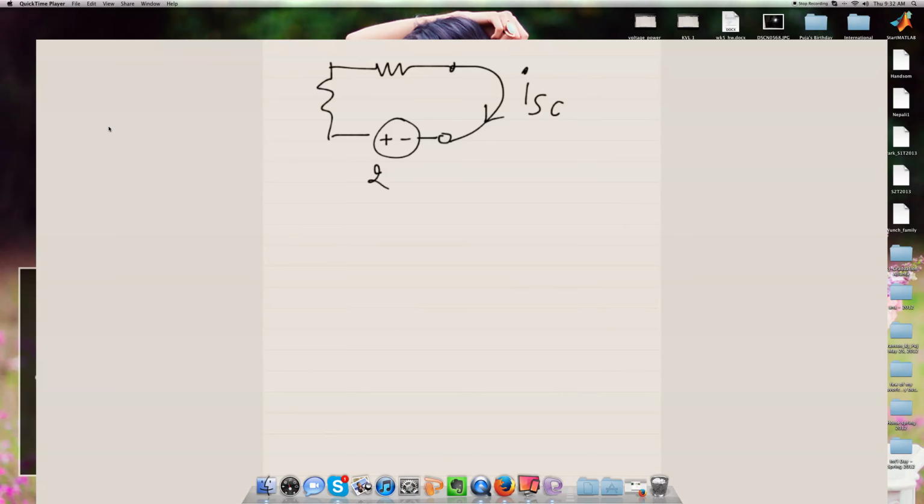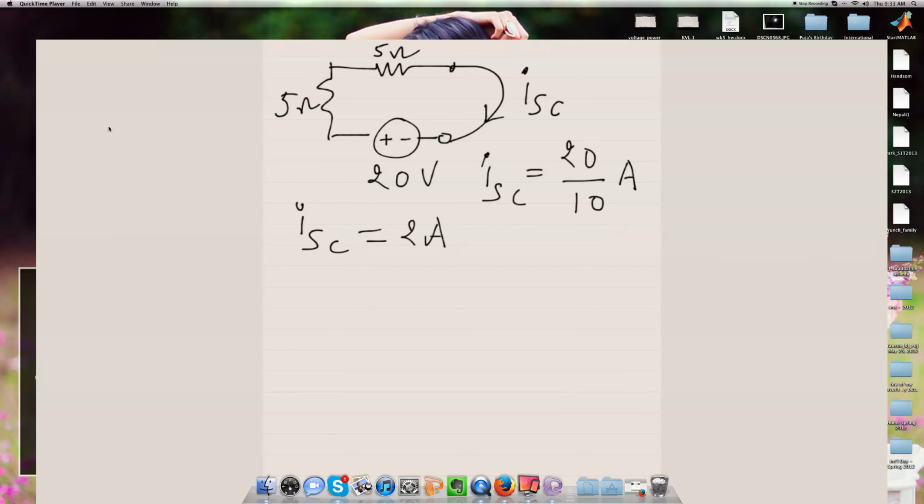So the physics here is pretty interesting. And ISC therefore is, from Ohm's law, very simple stuff, the 20 volt source divided by 5 and 5, that makes 10 ohm, giving us the current in amp. So ISC is basically 2 amp. What a nice thing.